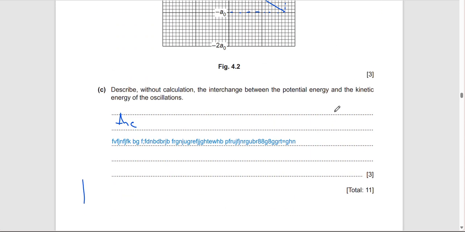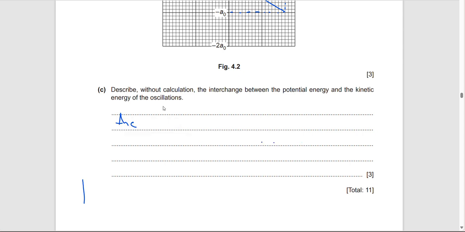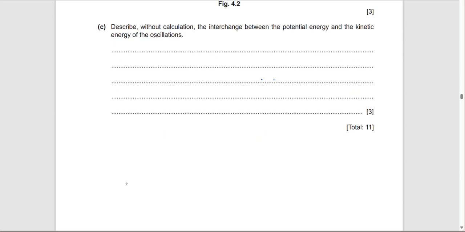Our next question is this. Describe without calculation the interchange between the potential energy and the kinetic energy of the oscillation. I don't know if you remember the graph, the kinetic and potential energy. It was something like this.